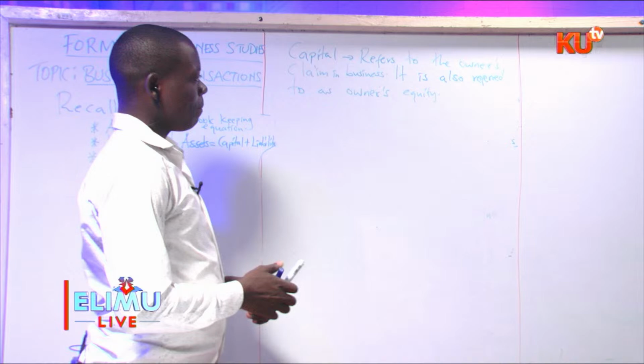There are 4 factors, students: profits, losses, additional investments, and drawings. And we've discussed the meaning of each factor and how it affects capital. Good. Let's then bring in the formula that will now help us to determine the closing capital.